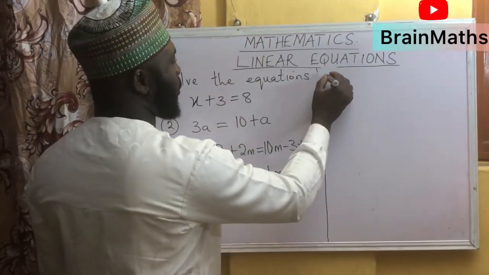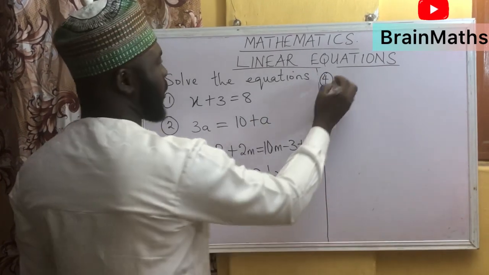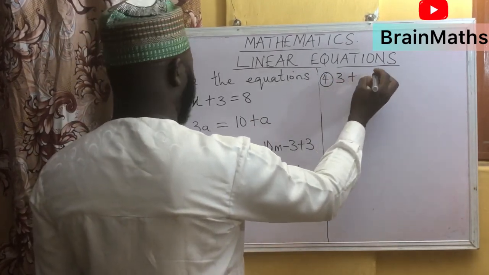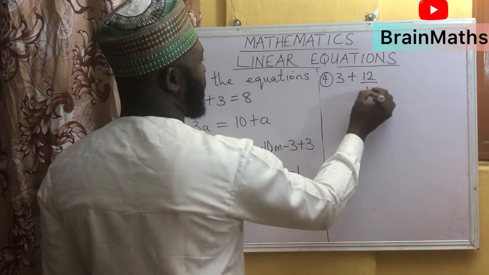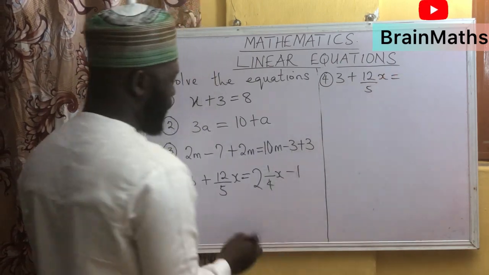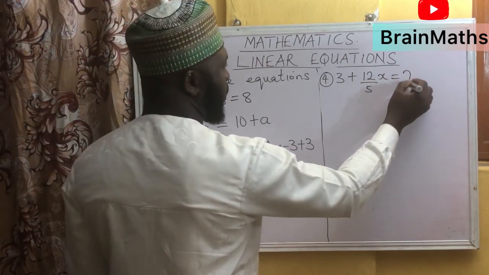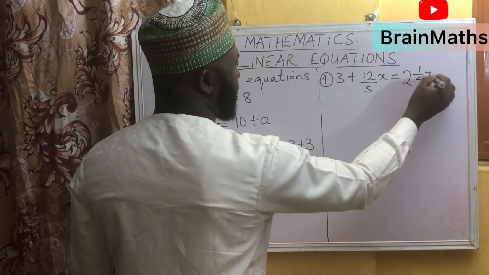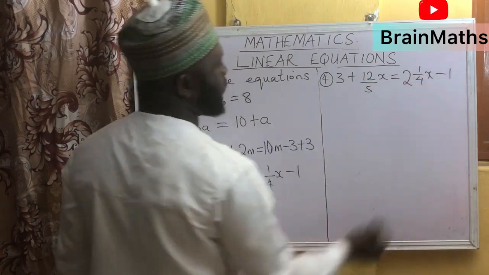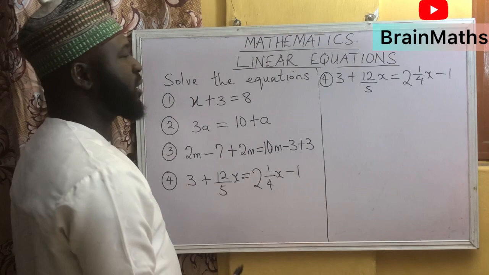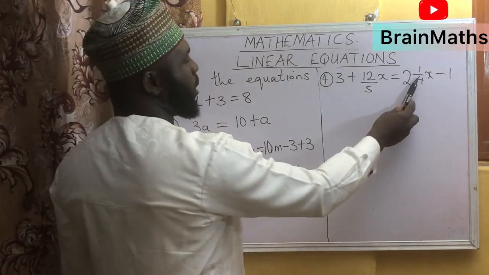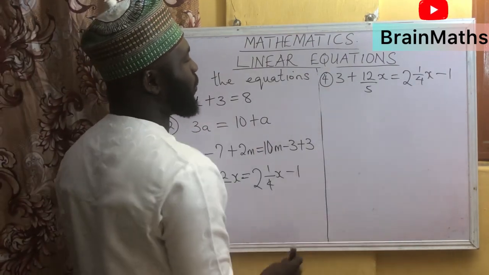Question number 4 says 3 plus 12 over 5x equals 2 whole number 1 over 4x minus 1. So the first thing we have to do here is to make this an improper fraction.